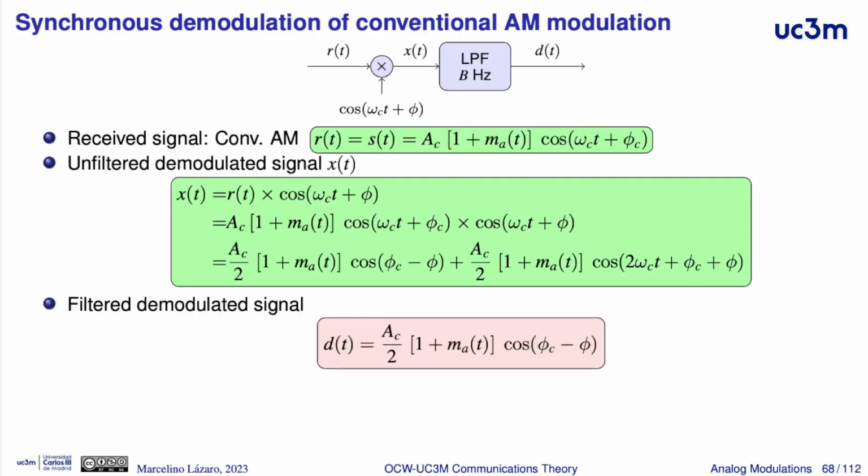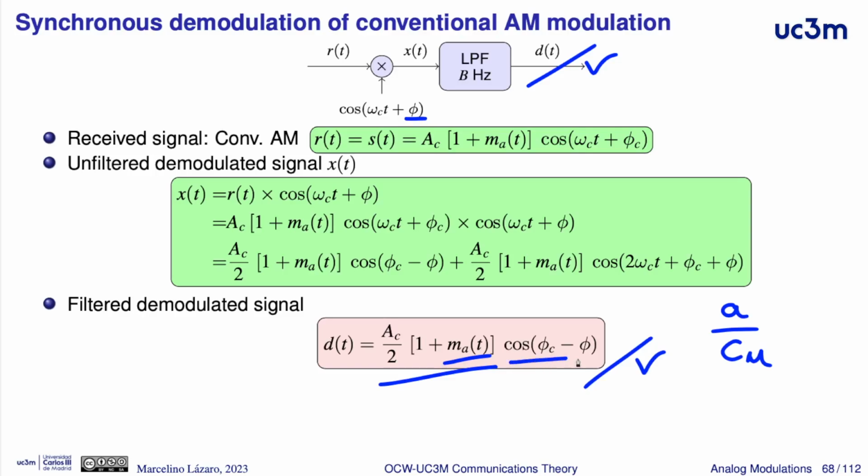And finally, this means that at the output of this detector, assuming a potentially different phase phi with respect to the carrier phase, what we have is a term that is proportional to the modulating signal, this one, because m_A is proportional to the modulating signal. We only have a scaling factor equal to the modulation index divided by the range of the modulating signal.